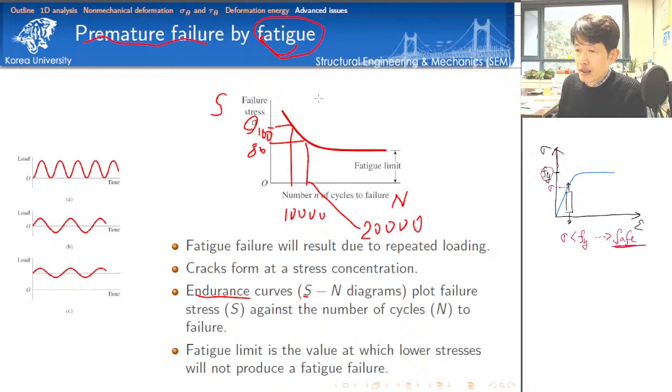When you design steel structures, fatigue is very important, especially if your structure is subjected to repeated loading. So we always need to check fatigue. For example, when you design offshore structures, fatigue is very important.